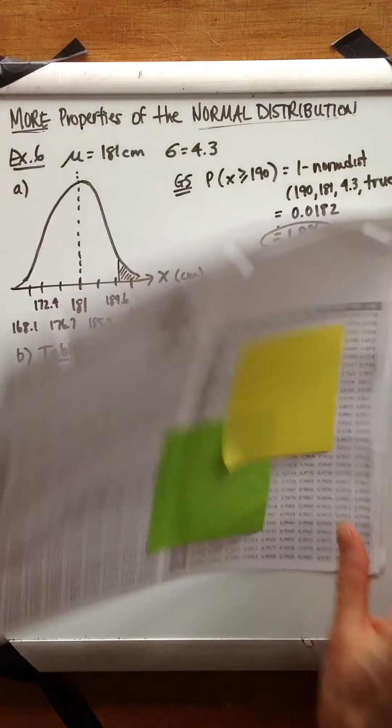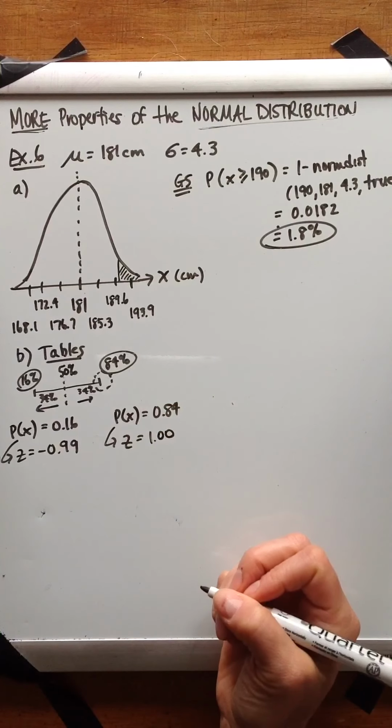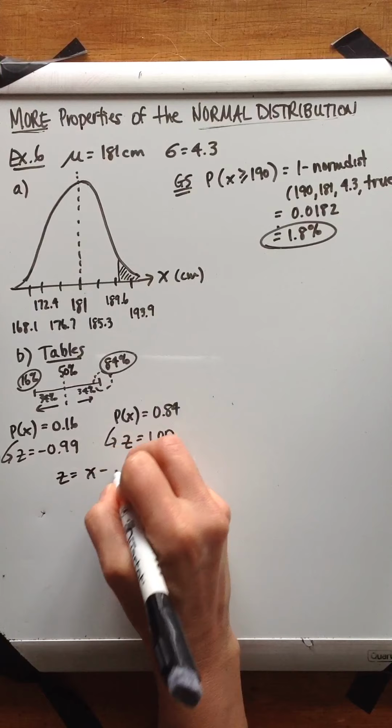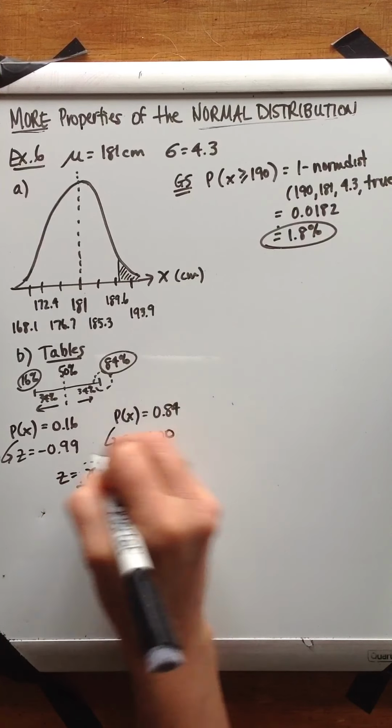So then we can use this equation of z equals x minus mu over standard deviation to solve for x in both of these scenarios.